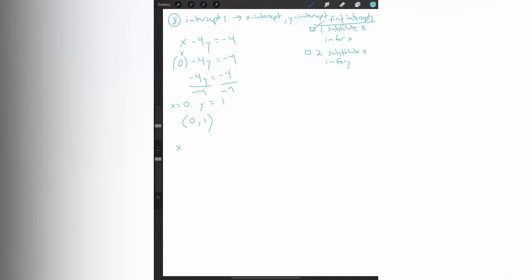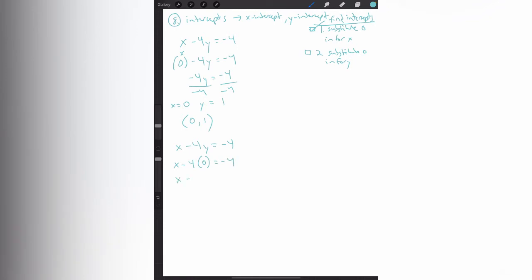Let's rewrite the equation. x minus 4y is equal to negative 4. Next thing I want to do is substitute in 0 for x, or sorry, 0 for y. So x minus 4 times y, which is 0 here. Negative 4 times 0 is 0.